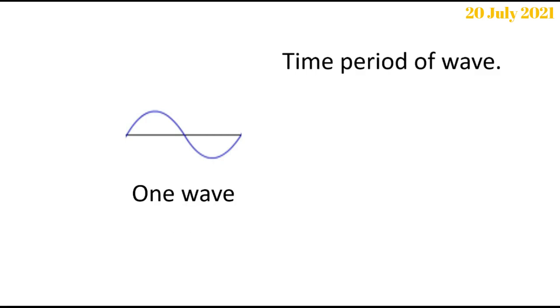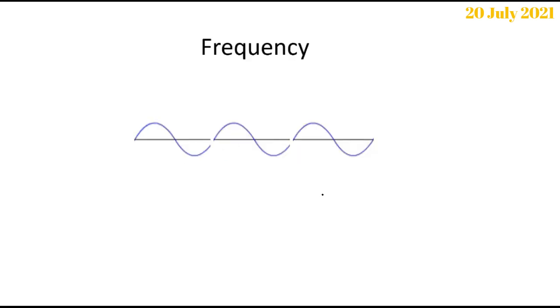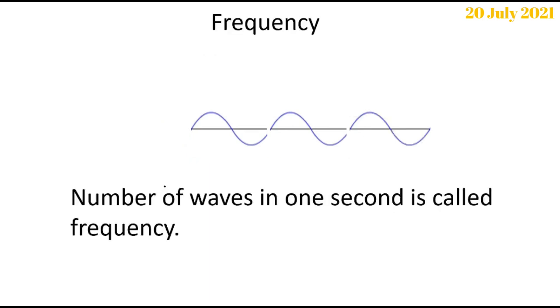The time taken to complete one wave, which means from the initial position to an extreme position and then again from the extreme position to the initial position. How much time is taken for one wave is called the time period. Right? And what about frequency? Frequency, we have studied, is the number of vibrations per second. Now here it is the number of waves per second.